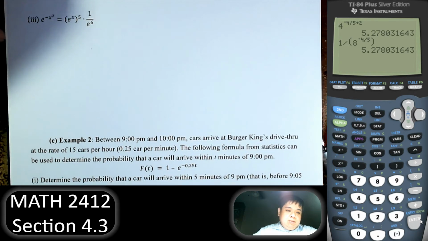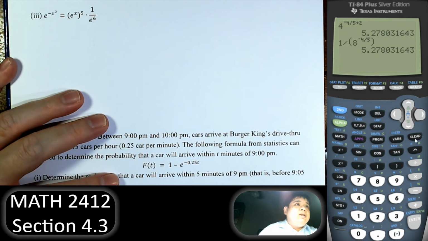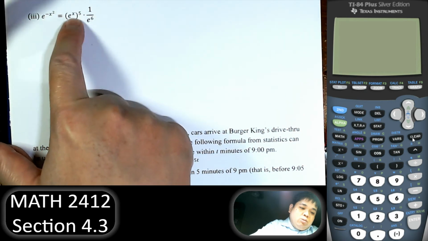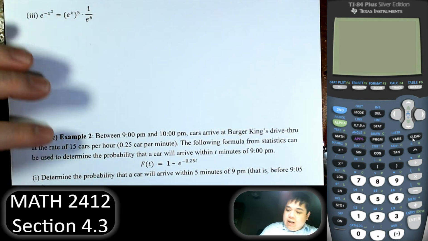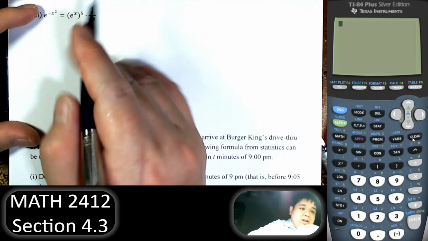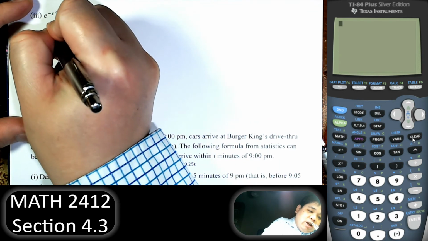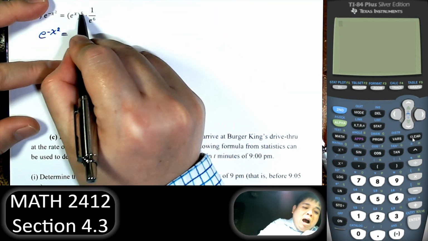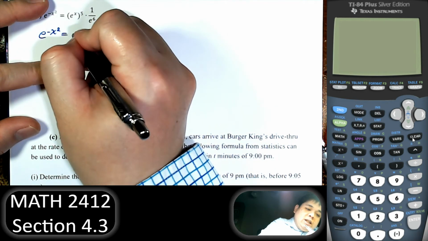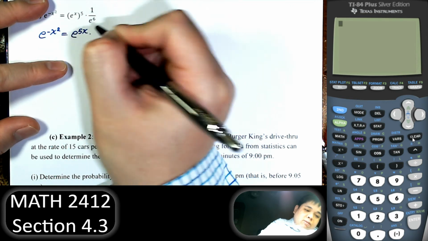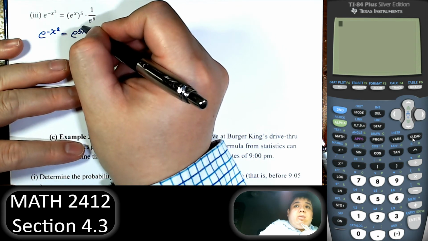Right. Next, we have this: e to negative x squared is equal to this one. First, let's try to simplify this. On the left hand side, e to negative x squared. On the right hand side, power to another power, we can write this as e to the 5x. e to the 6 from the bottom, move to the top.